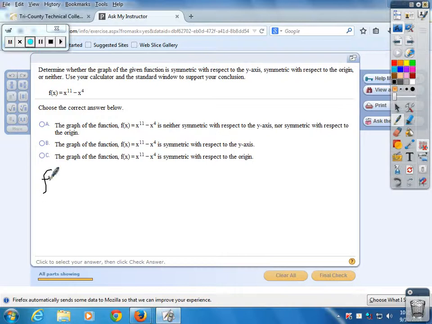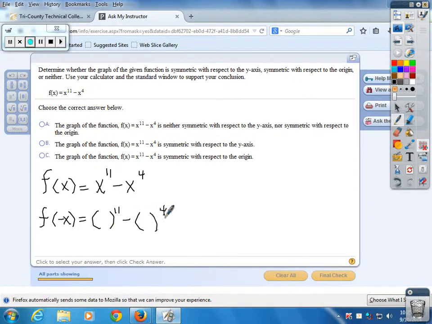F of x is equal to x to the 11th minus x to the 4th. Now let's see what f of negative x is. F of negative x means that wherever there's an x, I'm going to plug in what? A negative x.